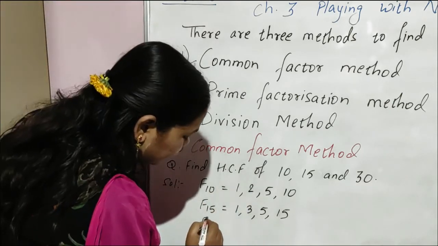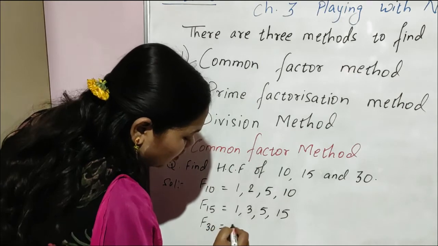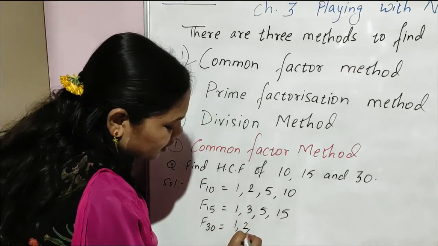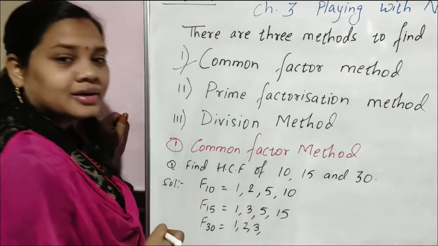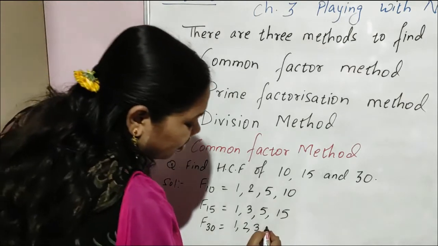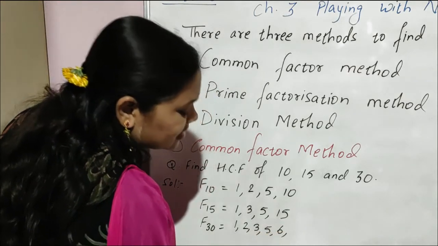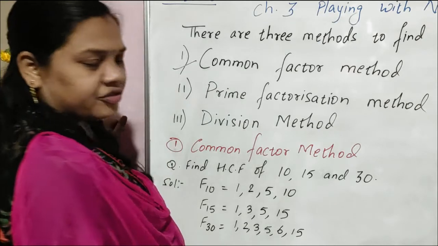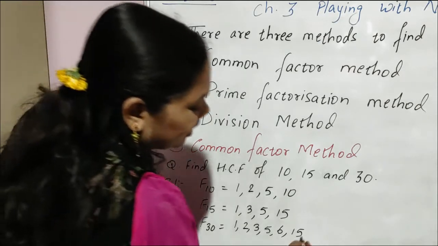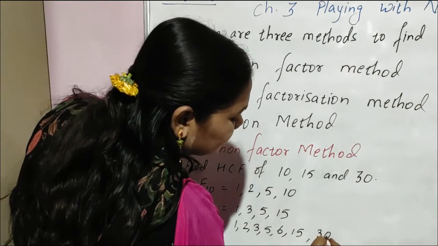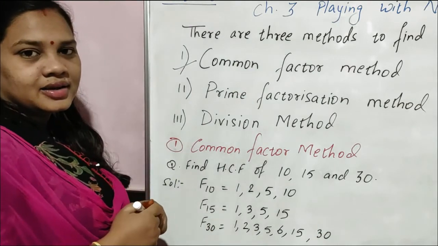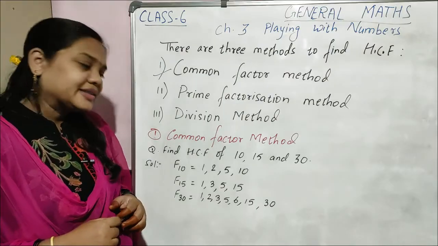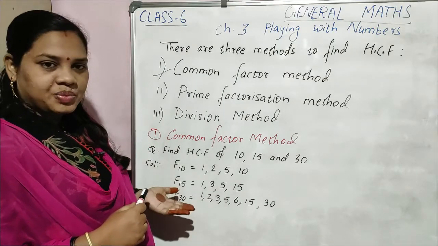Next, f of 30, factors of 30. 1, 2, 3, then 5, 6, again 15, then 30. Is it okay, children? Any doubt?